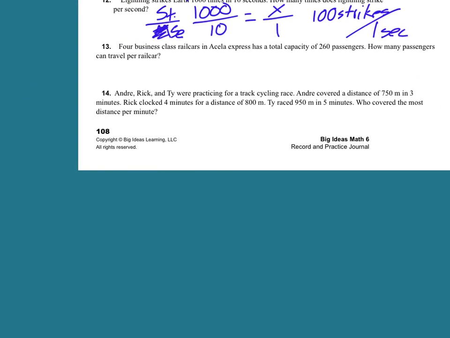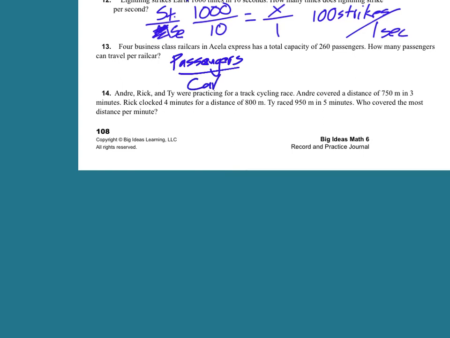Okay, 4 business class rail cars in Acela Express, oh, that's a hard word, has a total capacity of 260 passengers. How many passengers can travel per car? So, I am taking my 260 passengers, and we're comparing it to the cars.